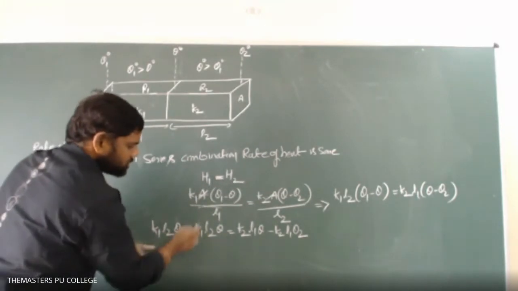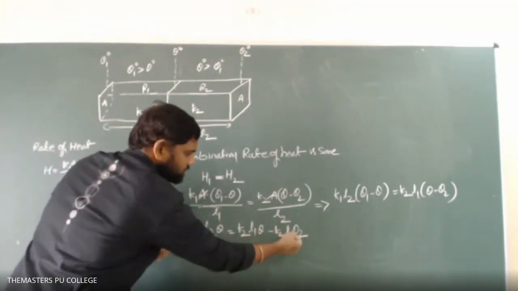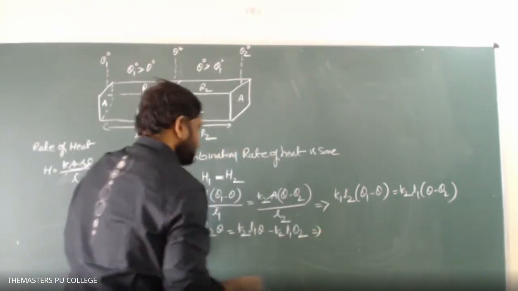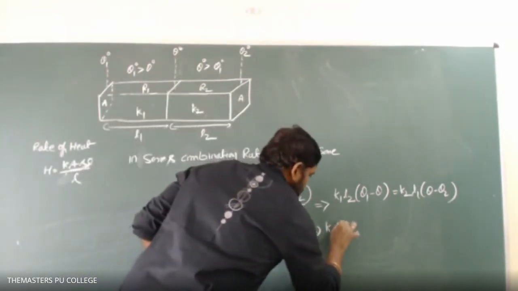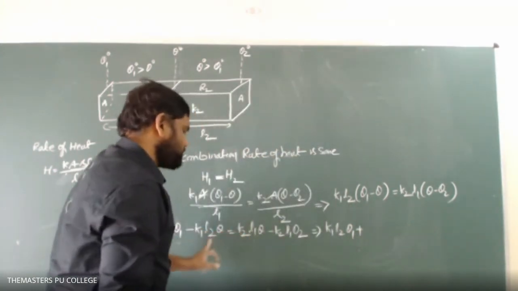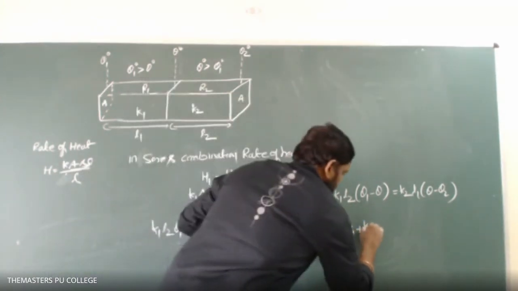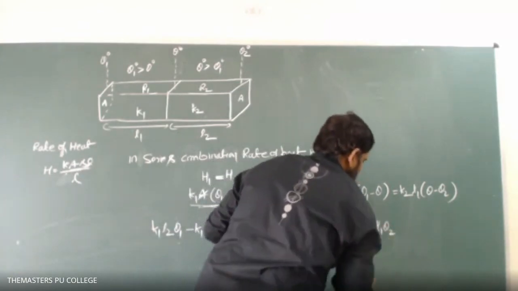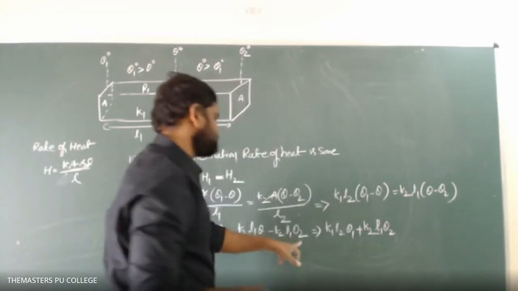This minus term is taken to this side and this minus term to this side, then we get K1 L2 theta 1 plus K2 L1 theta 2.